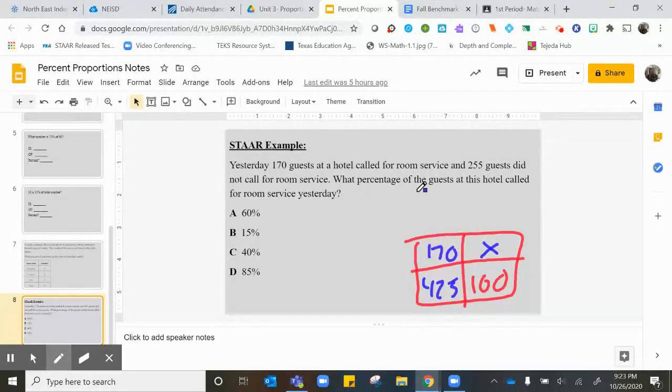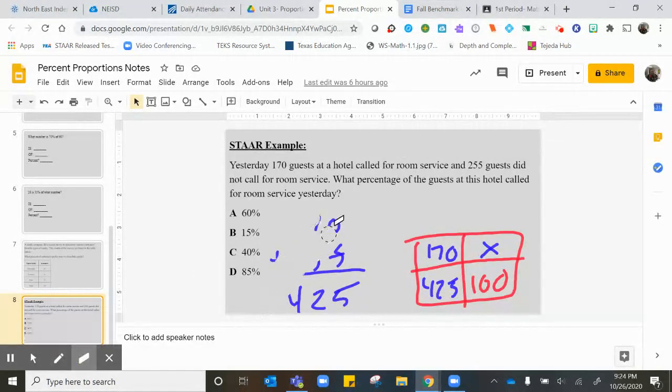So I want to know the percentage of the total guests. So I have to add that 170 and 255 together. And when I do that, I get 425. So that's how I got my whole. Now it asked how many called for room service, so I'm only going to focus on that 170.